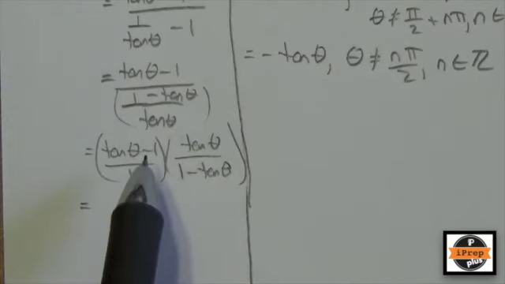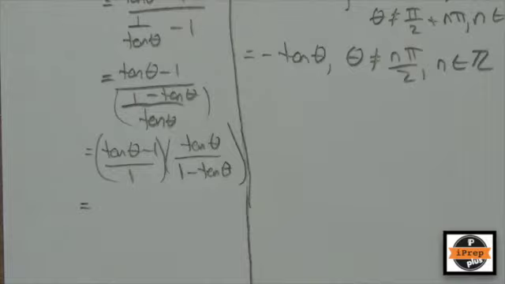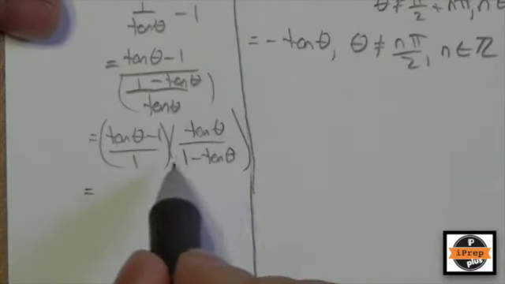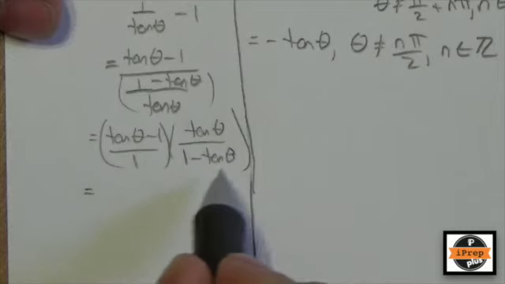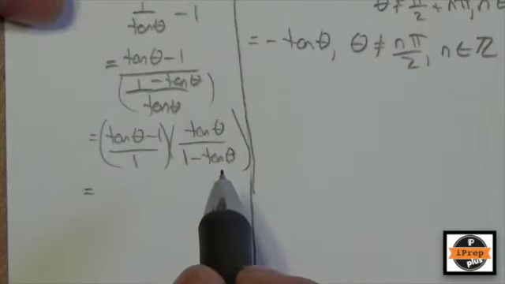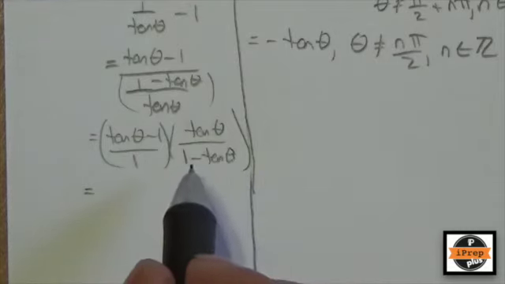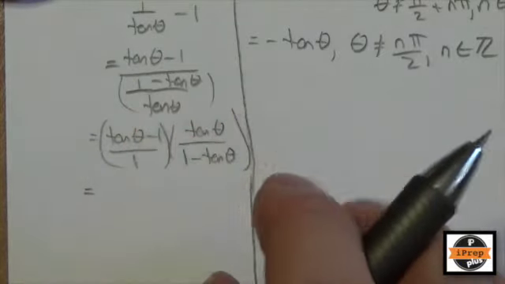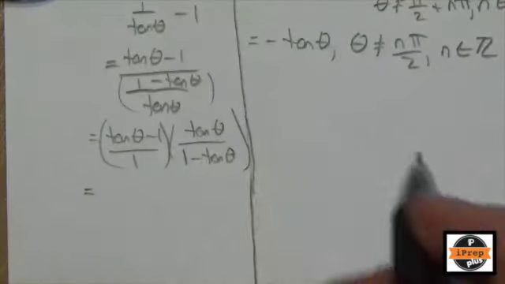Tangent of theta minus 1, 1 minus the tangent of theta. Now if it's not abundantly obvious to you, one of the things you can do here is notice that this expression here doesn't look good. We like to have things where the constants, whatever we're adding or subtracting, are at the end here.